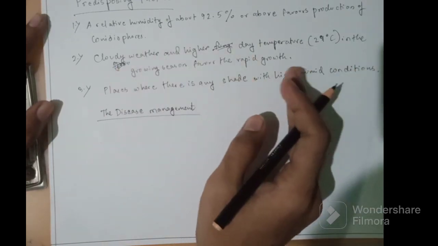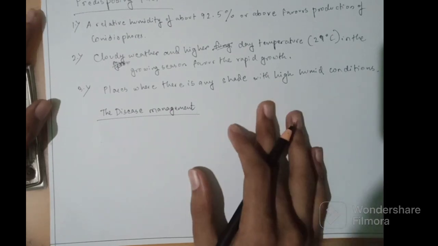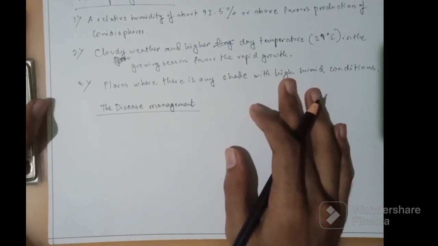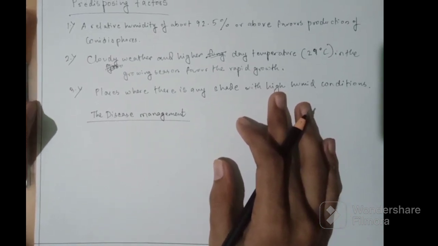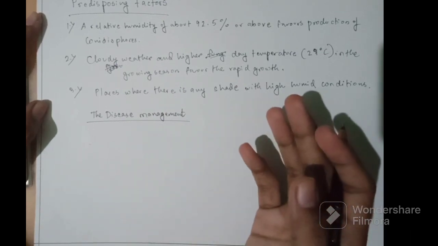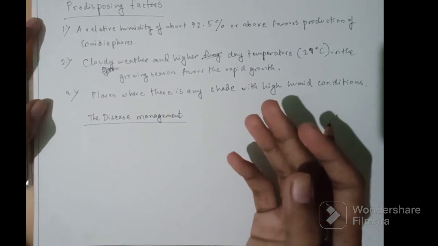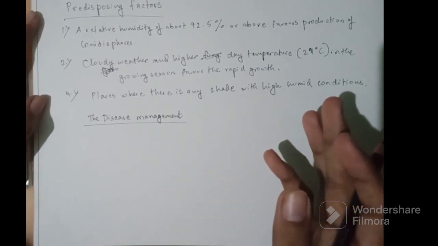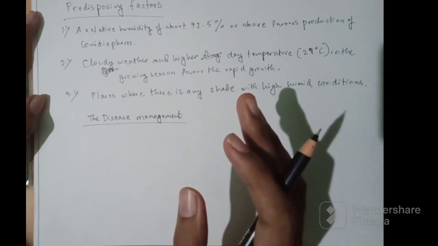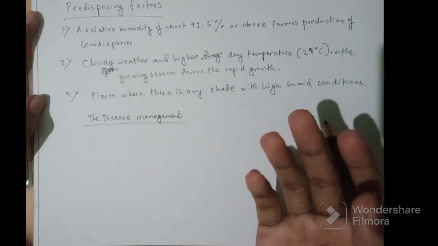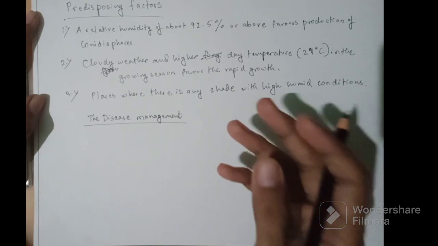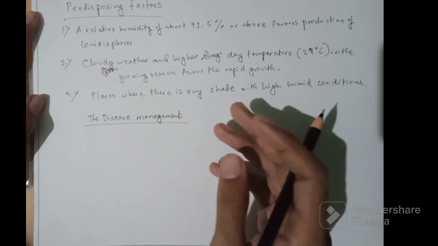Now, disease management has a variety of methods. There can be a number of methods we follow while culturing the rice plant. There may be methods which we can do while harvesting the plants, harvesting the seeds of rice, and even all throughout the growing season there may be many methods, like the use of different chemicals, such as fungicides and different things which can inhibit the growth of this fungi.